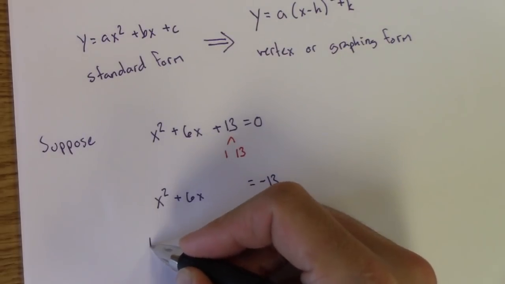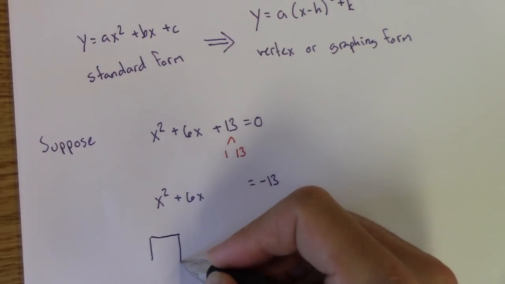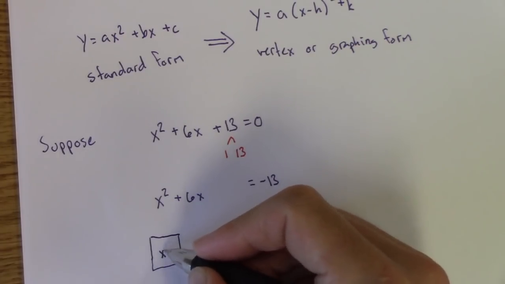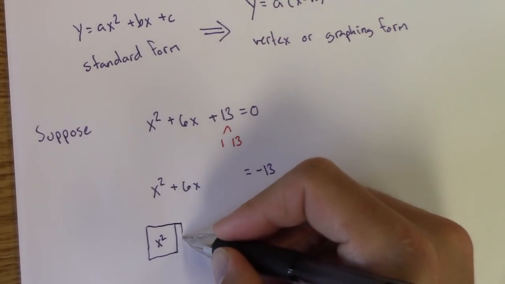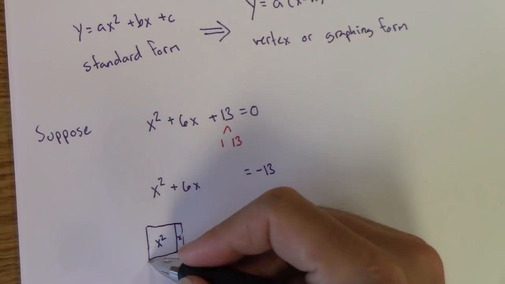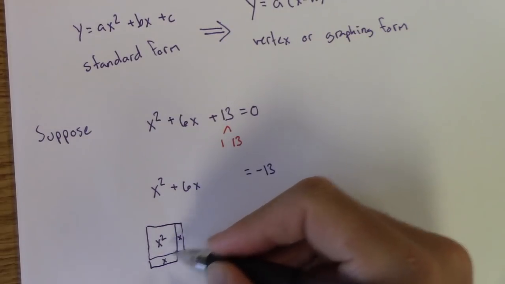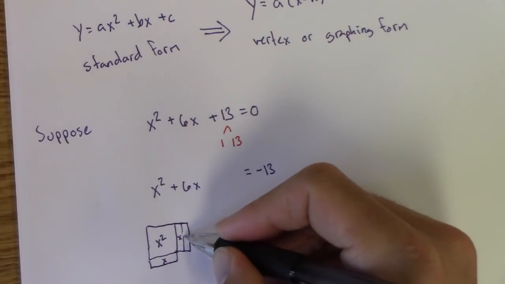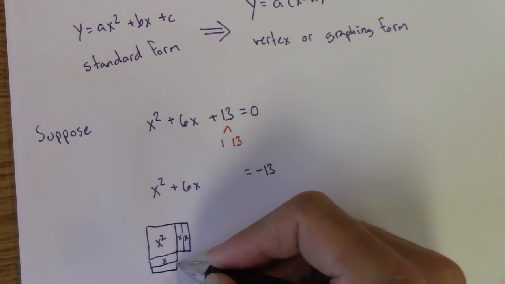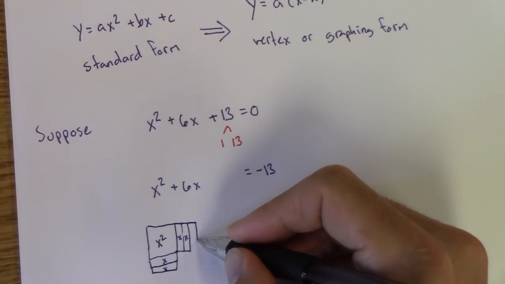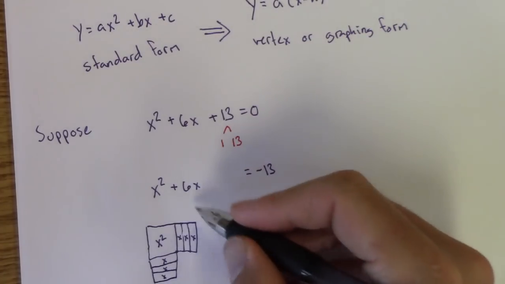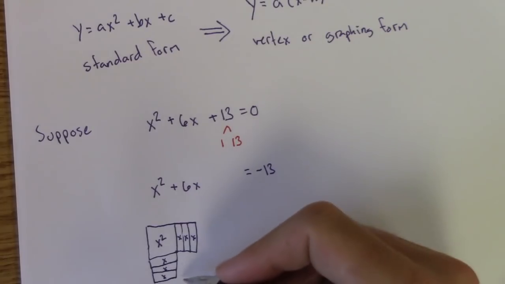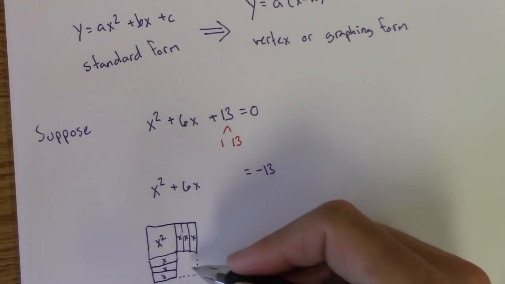And the reason we call it complete the square is visually, if we think about the algebra tiles, if you have an x squared tile, if I throw an x on one side, an x on the other, and I repeat this, not the best at drawing, bear with me, until I have used all 6 x's, 1, 2, 3, 4, 5, 6, we in essence have completed a square.